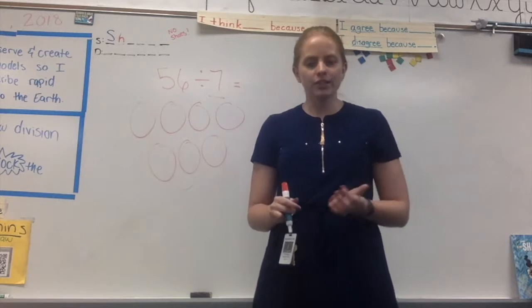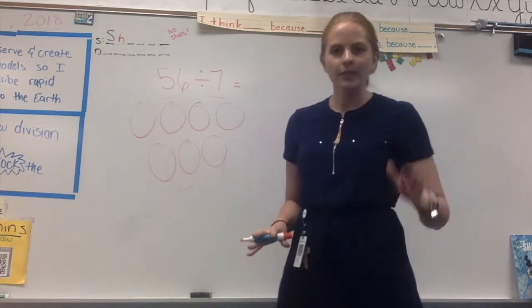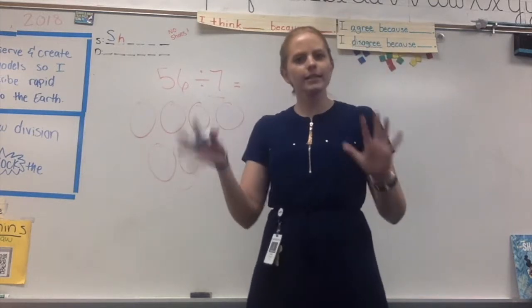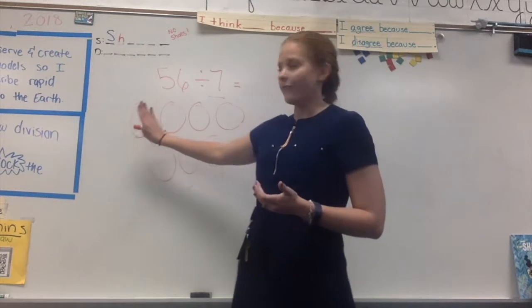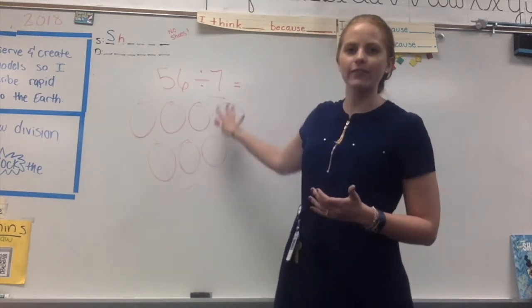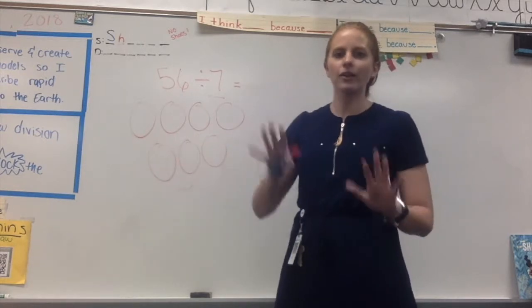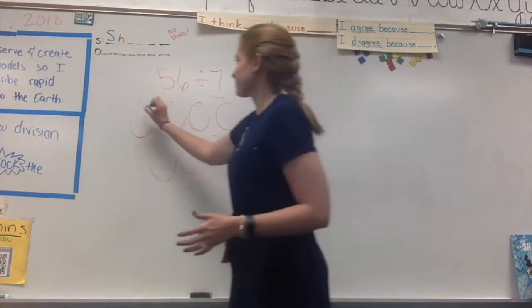Well, it's always good to start with a landmark number, a number that we really know. So we're going to start with 5, and we're going to see if that'll fit. So if I did 5, I would have 5, 10, 15, 20, 25, 30, 35. Now I have 56 to work with, so I know that I can put at least 5 in each of my groups.